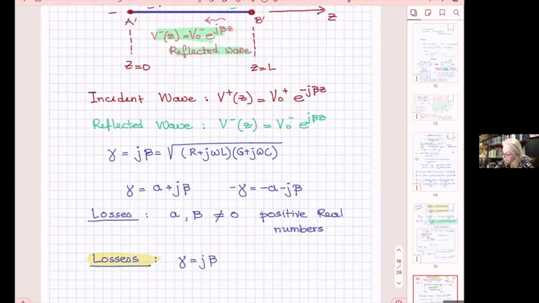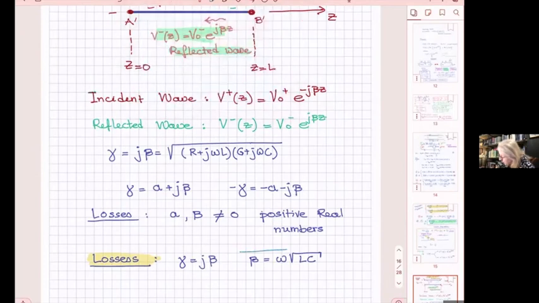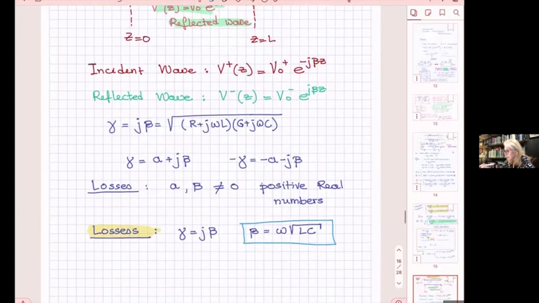And therefore alpha is 0. So beta in this case is nothing else but omega square root of LC, which is also very interesting. All right. So look at this one here. Practically what you have in there in the circuit is an expression of the resonant frequency as well for this small section of line.